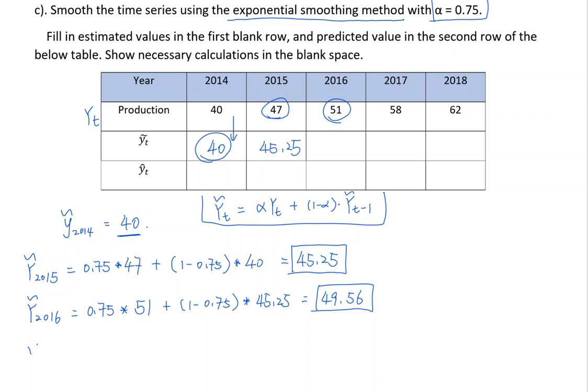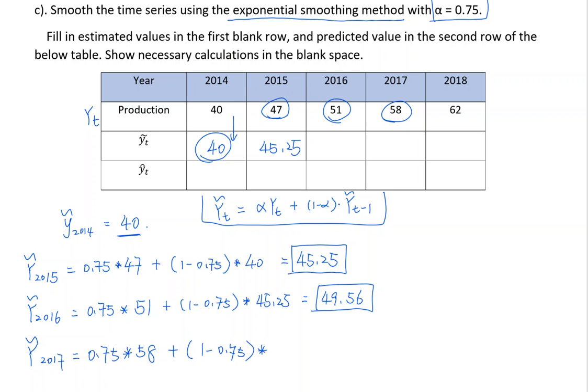Alright, so next, 2017. So that means will be again alpha times the current value for 2017, which is 58, plus 1 minus alpha times the previous estimated value.